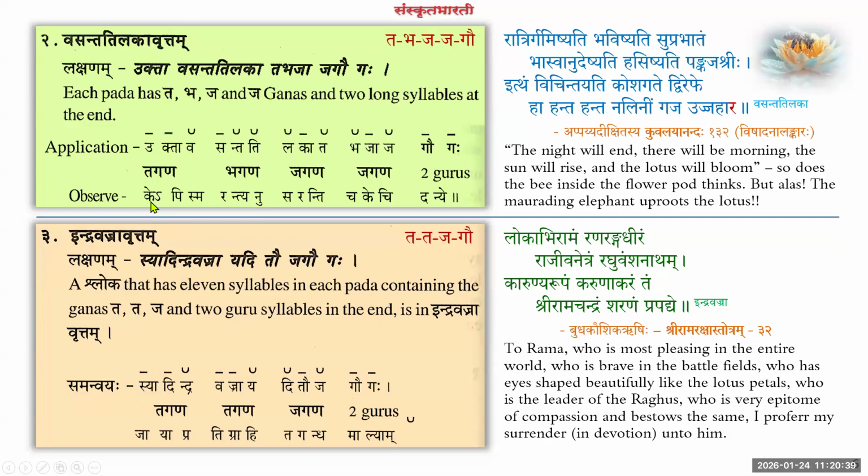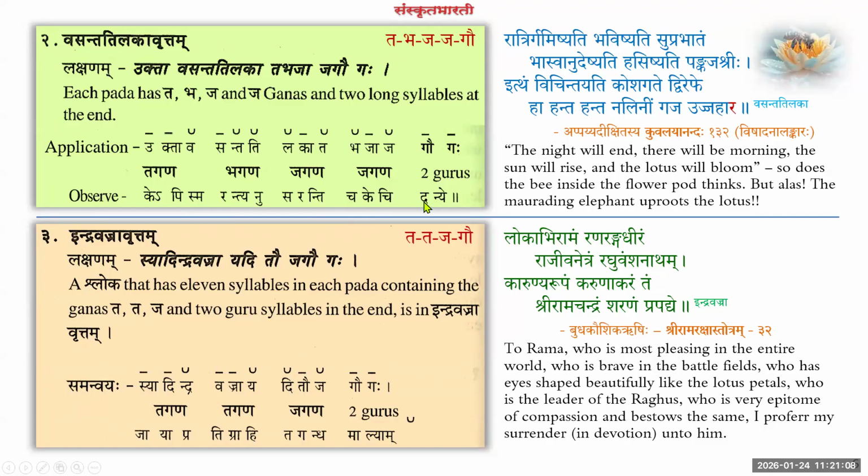And then another: kopi smaranti anusaranti cha kechidanye. So somebody remembers and others actually do follow. I don't know which particular shloka or subhashita they have pulled this out of, but anyway, that is in Vasanta Tilaka.